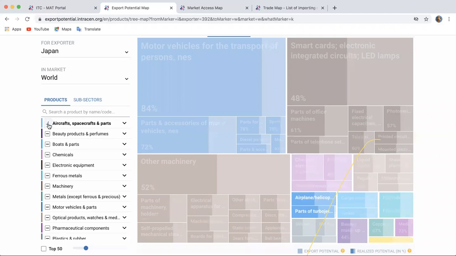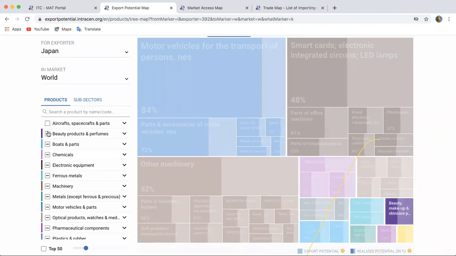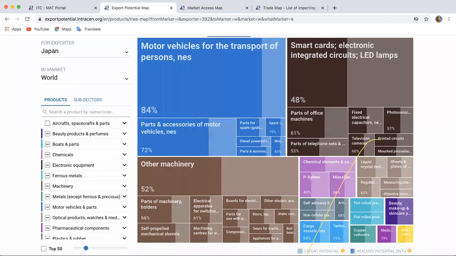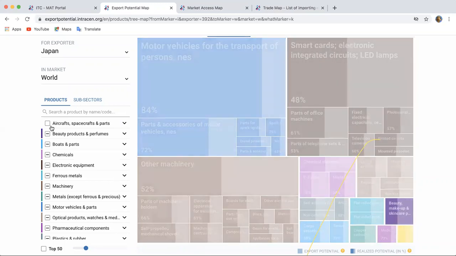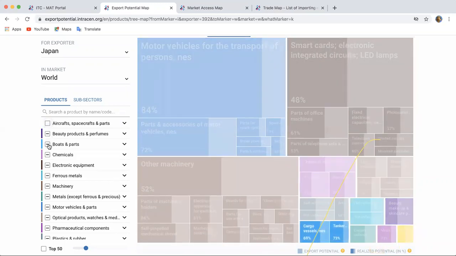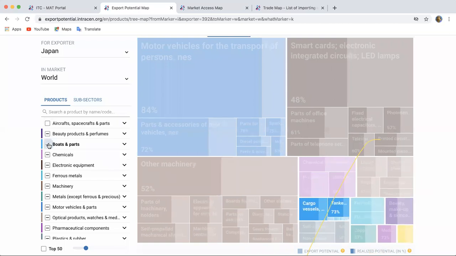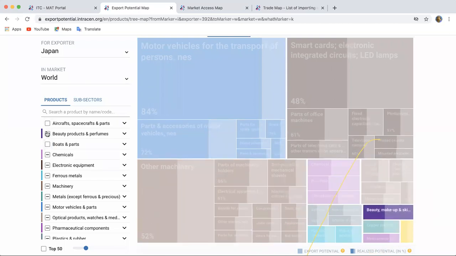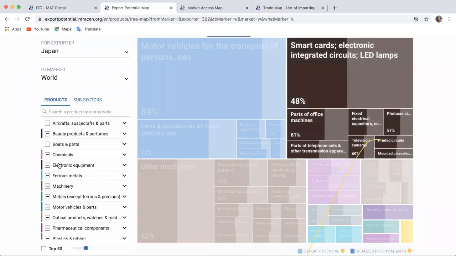Automatically, it shows you the top 50 products, but you can choose some other products if you're not interested in aircrafts and boats, for example.